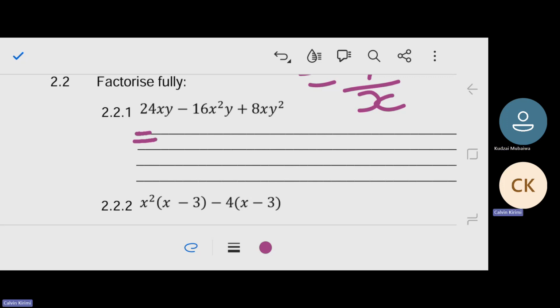We are checking every term that is common, every term.